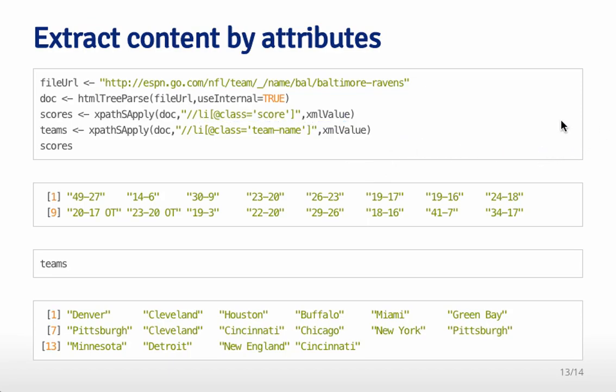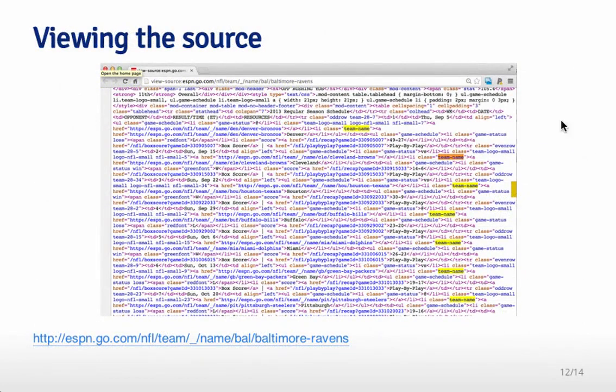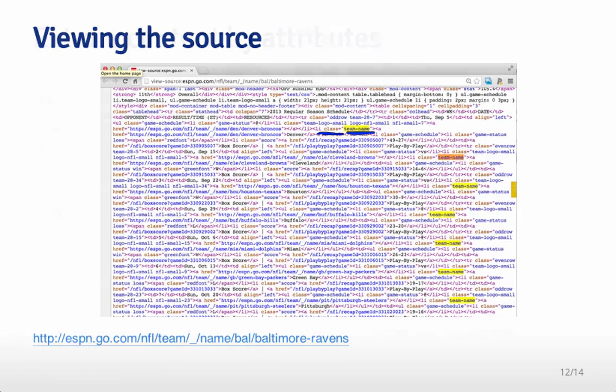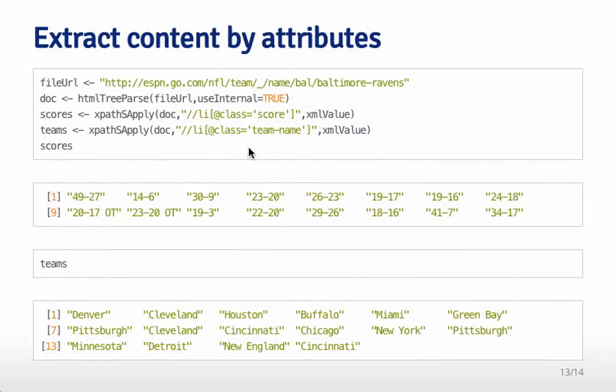It turns out if you go back to this website and you look very, very carefully, you can see, for example, there are these list items, and the class in this case is equal to team name. So the next element that I'm going to extract on this page is the team name. It's the same thing: I look for a list item with class equal to team name, and it will extract those team names.